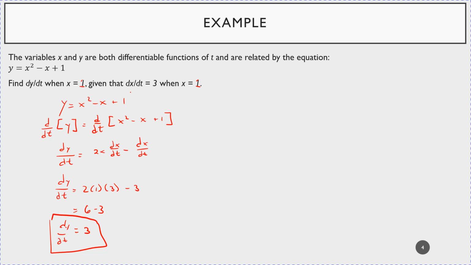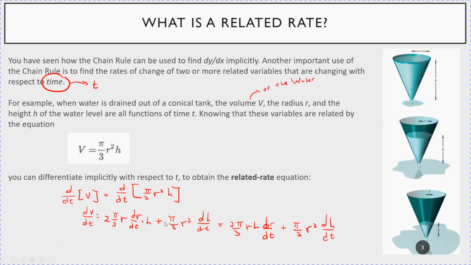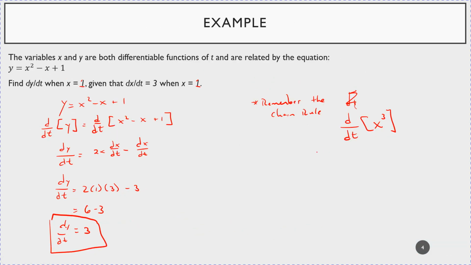You need to use the chain rule. You need to remember the chain rule. Okay, so I'm going to highlight that. If I have the derivative with respect to t of any variable, like x cubed, or r or v or h, whatever, as long as the variables are different, the variables do not agree.